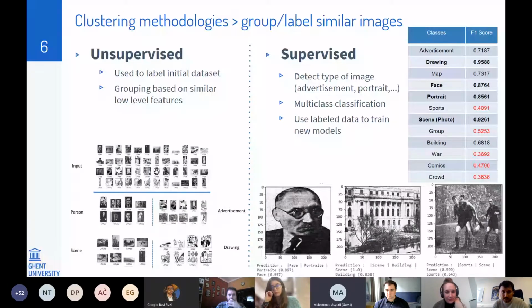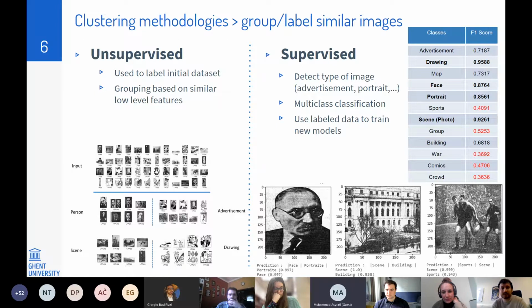We also did some clustering. It's the same as we discussed with Ben in the start. In machine learning, you can do it in two different ways, either supervised or unsupervised. The unsupervised way is really helpful when you don't know about your dataset, because you have a lot of images and you don't know which image belongs to which class or how many classes you have.